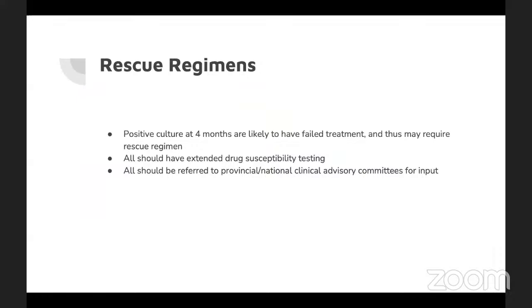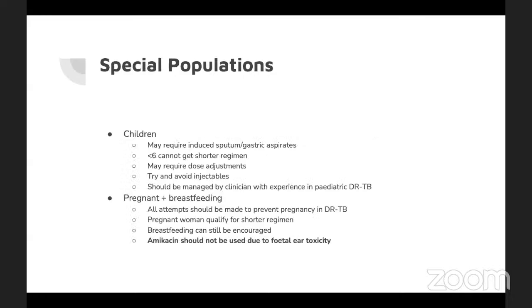And then, if you're culture positive at 4 months, you are likely to have failed your treatment program, and thus you may require a rescue regimen. And here you have an extended drug susceptibility testing, as well as being referred to provincial or national clinical advisory committees for input, which is beyond the scope of primary healthcare and would generally be referred upwards.